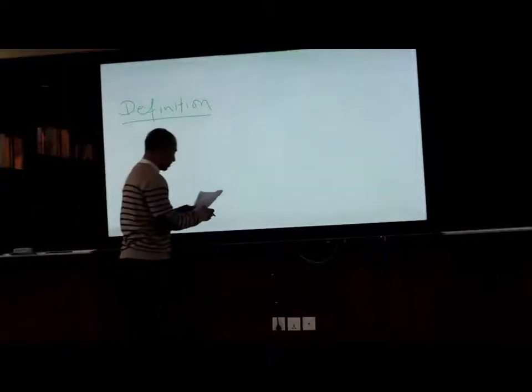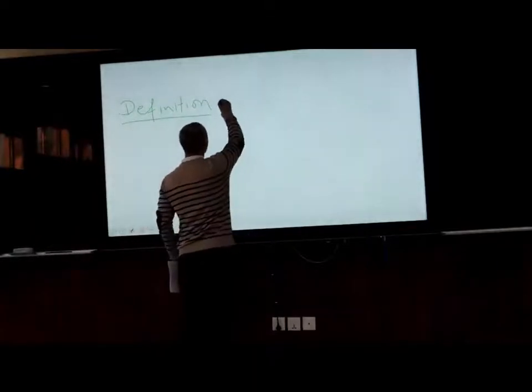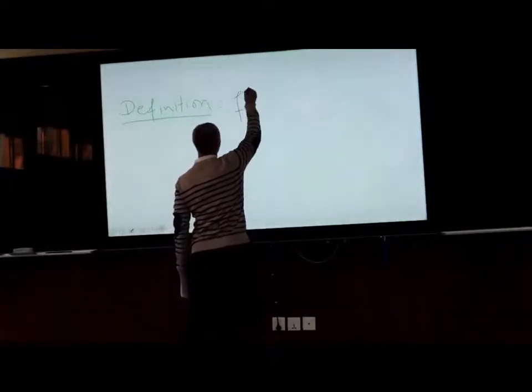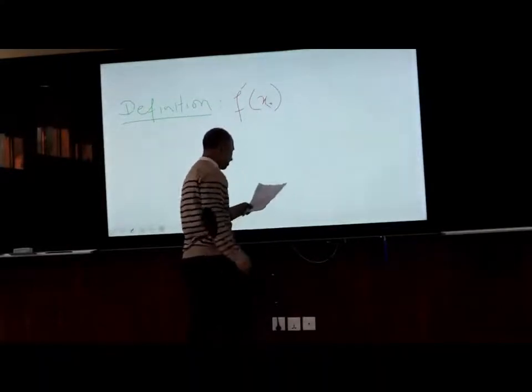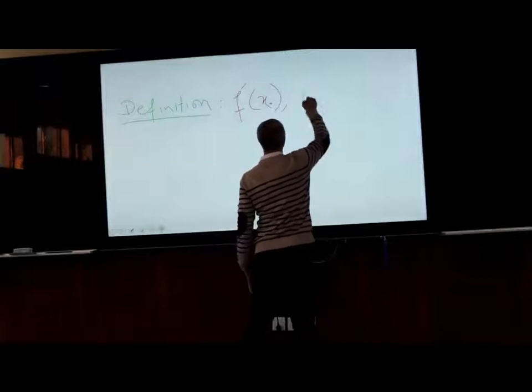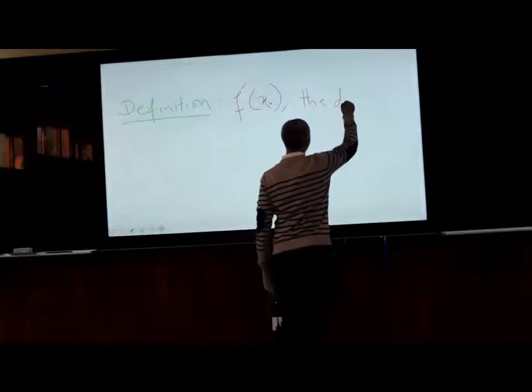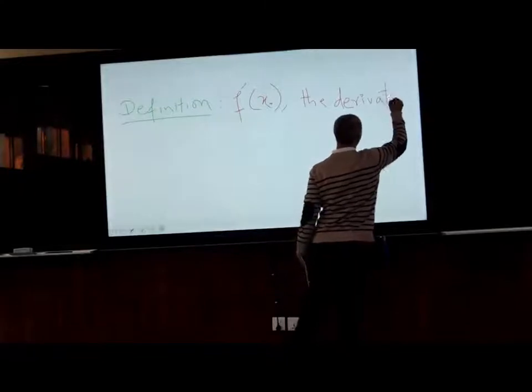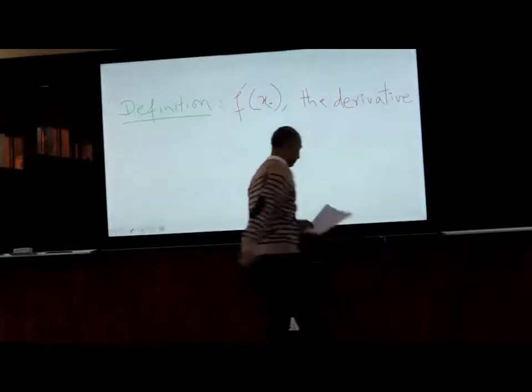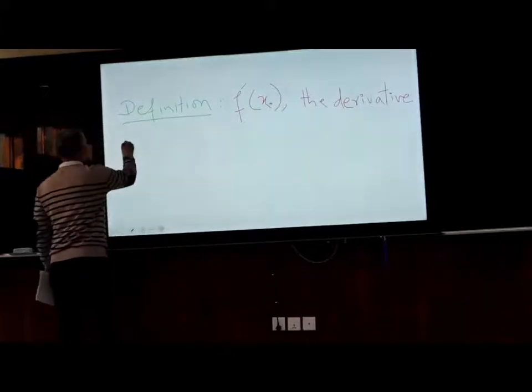For your memory, I am writing it here: the slope of the tangent line at a fixed point x naught is known as the derivative of some function.